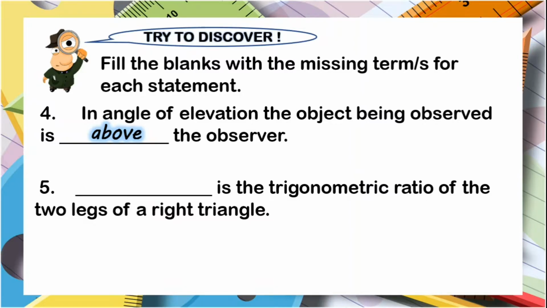If your answer is tangent ratio, well done. Your answer is correct. Since we already learned and recalled our previous lesson, we are now ready to move forward and discuss our lesson for today, and that is solving problems involving angles of elevation.